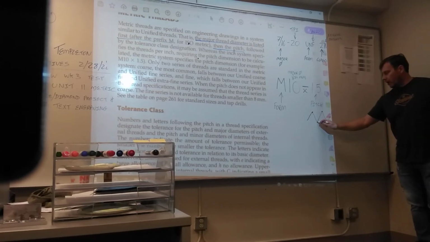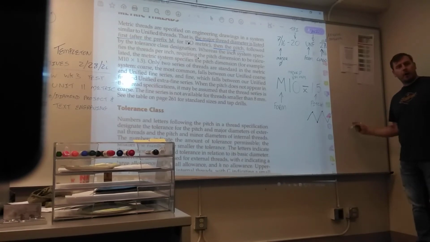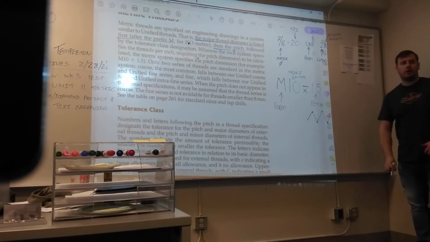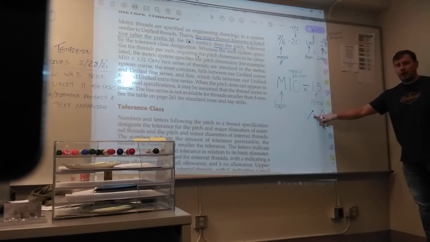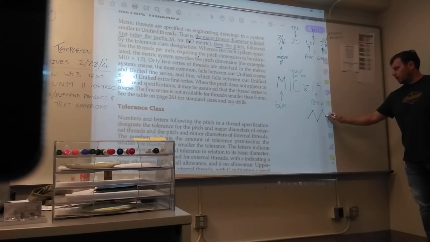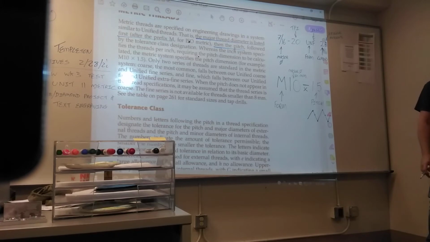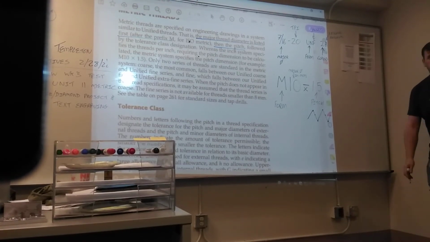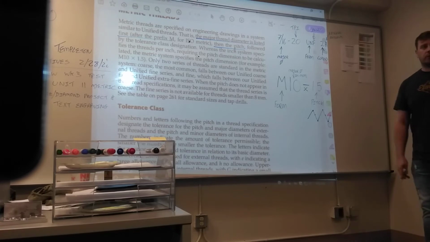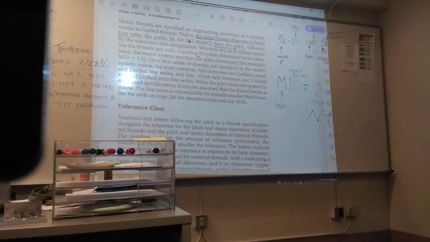If you measure from the bottom, you've got to measure to the bottom of the next thread. It'll be the same number, still a pitch, as long as you measure the same point on this thread and the same point on this thread. The distance from a position on one thread to the exact same position on the next thread. That is pitch.